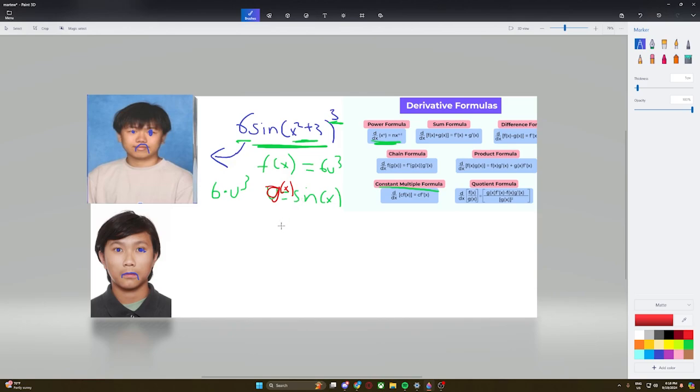And then this inner function right here is called a of x equals x squared plus 3.